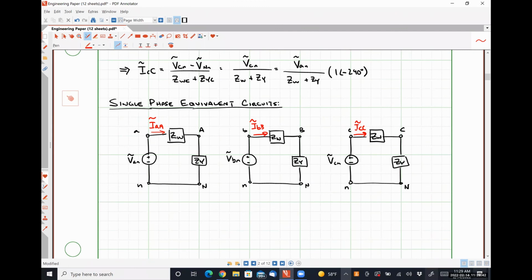So this is how we make a YY system look like 3 single-phase systems, which would easily allow us to determine our line currents, our phase currents at the load, our phase currents at the source, our phase voltages at the load, not our line voltages at the load or source, for any of our 3 phases, okay?